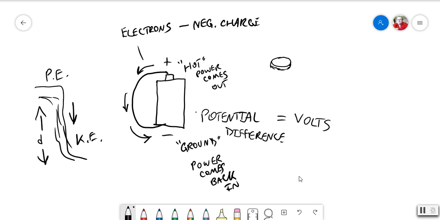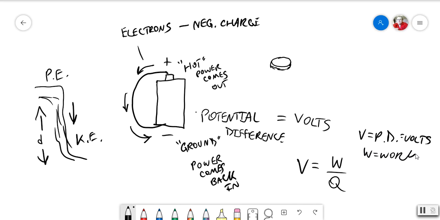Potential difference is defined as the work per charge, V = W/Q, where V is potential difference, volts, W, unsurprisingly, is work, and Q is charge.